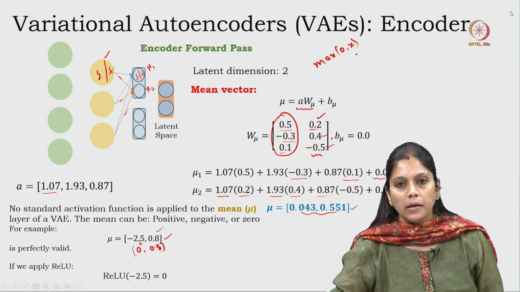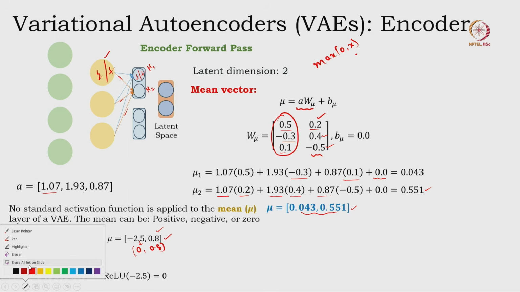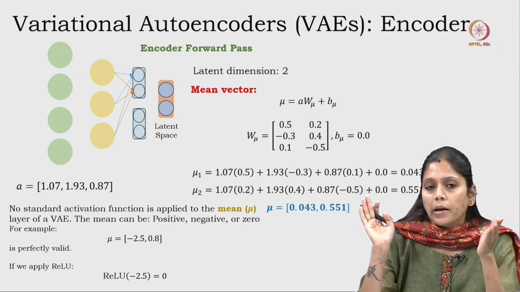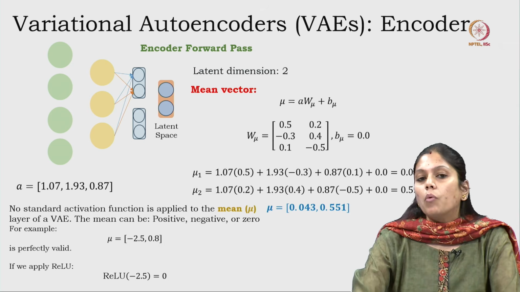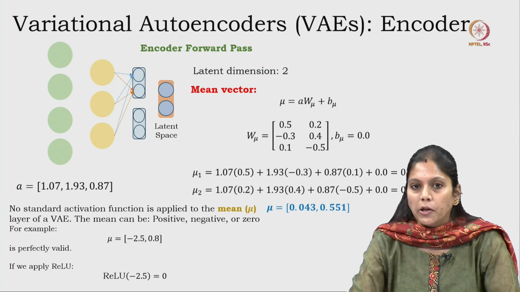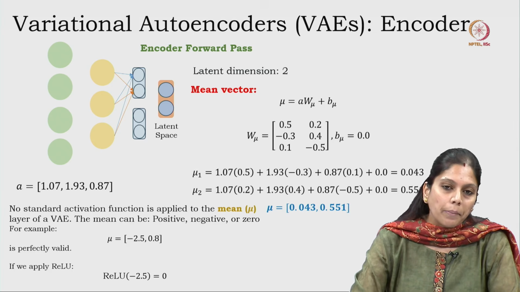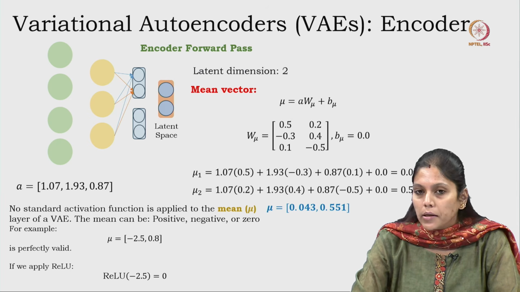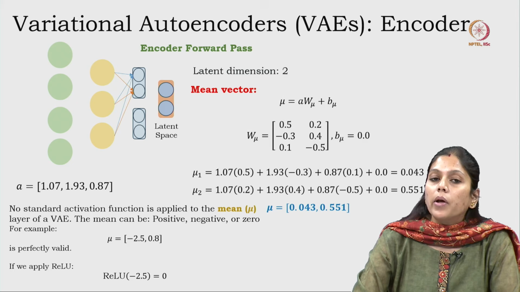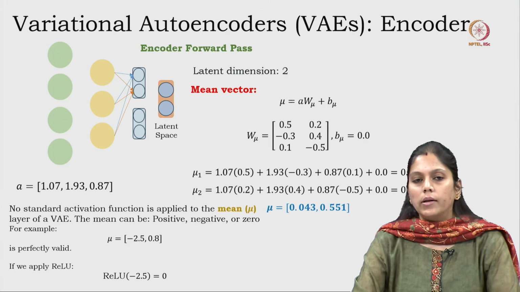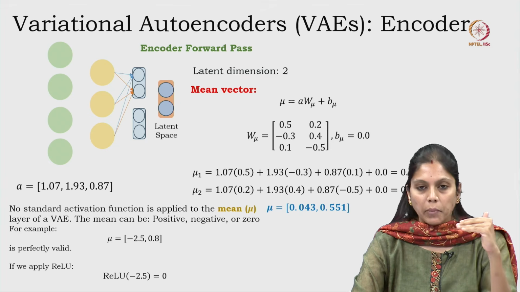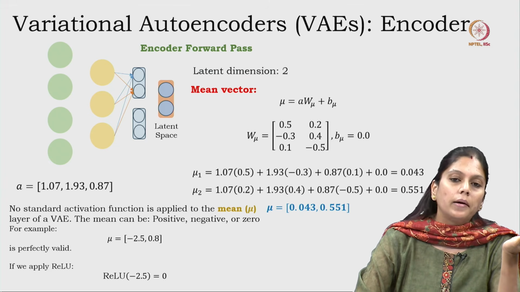So, let me erase and make it clear to you. Let us summarize what exactly we have done here. After we have got the output of the first hidden layer, the next step is we wanted to get the latent dimension, the latent space. Before we get the latent space, we need to get the mean and variance as an output. So, how are we calculating the mean? We are once again taking the output we have got, multiplying it with the weight and adding the bias term.